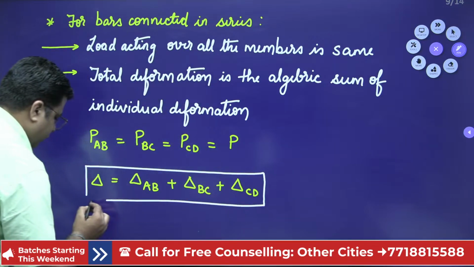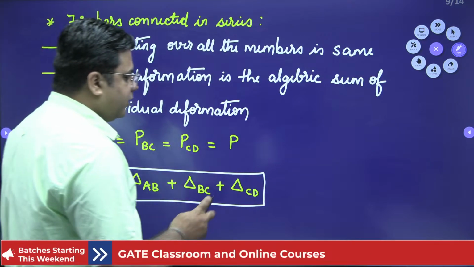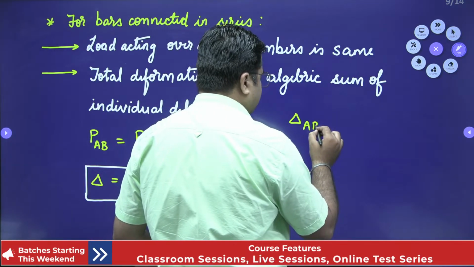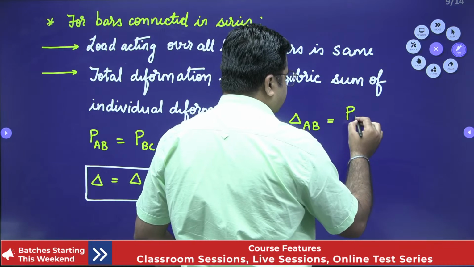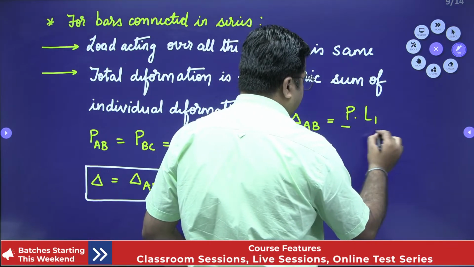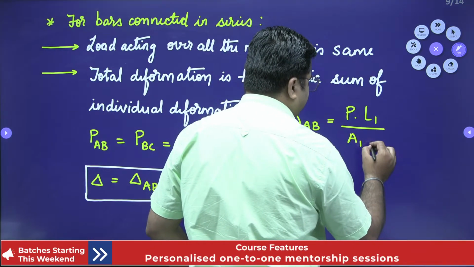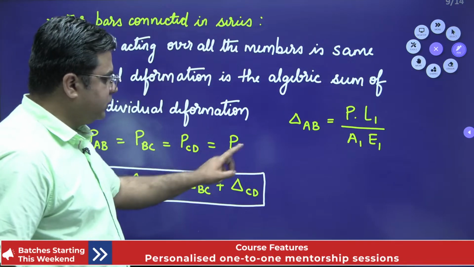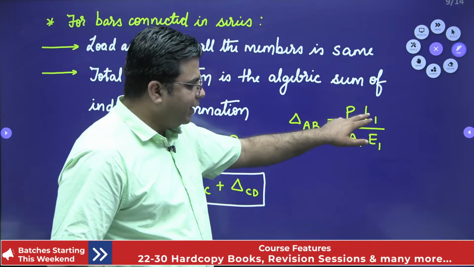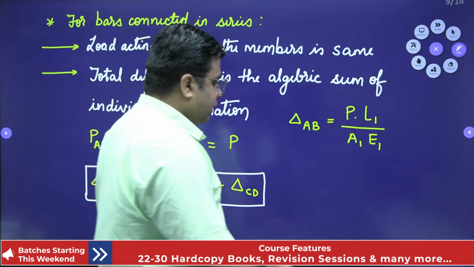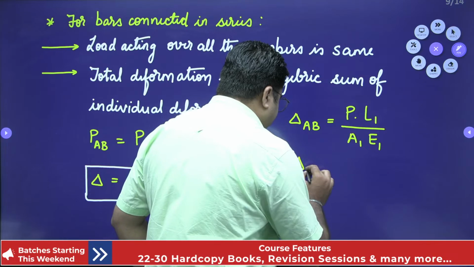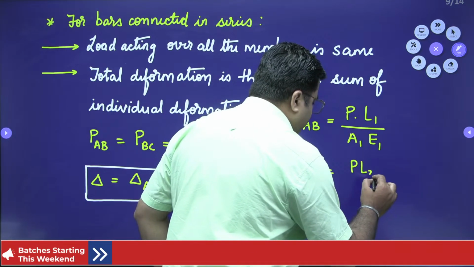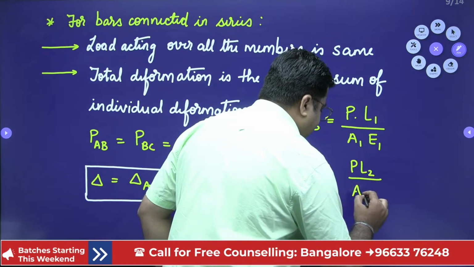So if I have to write delta AB, how will I write it? Delta AB is nothing but P L1 upon A1 into E1, since the load is the same for all the members. Similarly, delta BC is P L2 divided by A2 into E2.